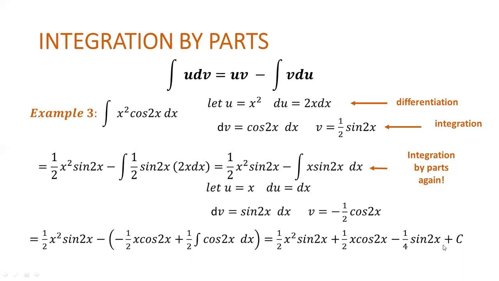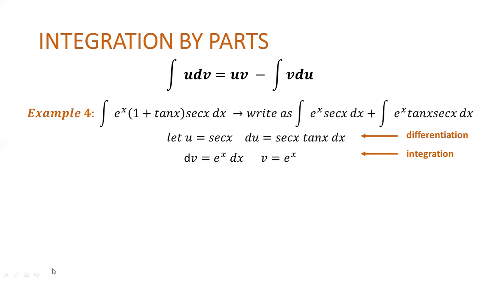Sometimes it happens twice. In this case, you did integration by parts twice, but you still follow the same principle. Select a u, get the du, select the dv, and perform integration to get the v. And then follow the formula, uv minus the integral of v du.